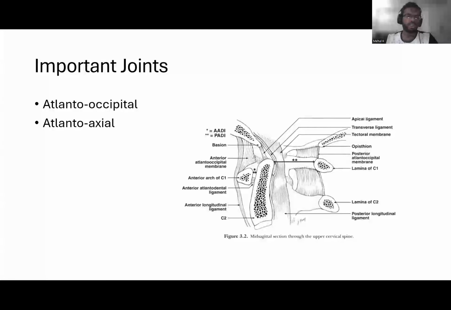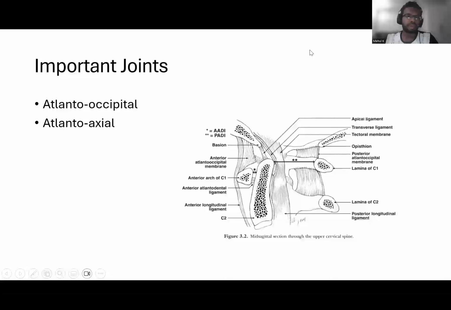Now, the important joints that you have to be aware of are your atlanto-occipital joints and your atlanto-axial joints. So basically between your C1 and your occipital condyles, and your C1 and your C2. There are a lot of important ligaments connecting these two joints.